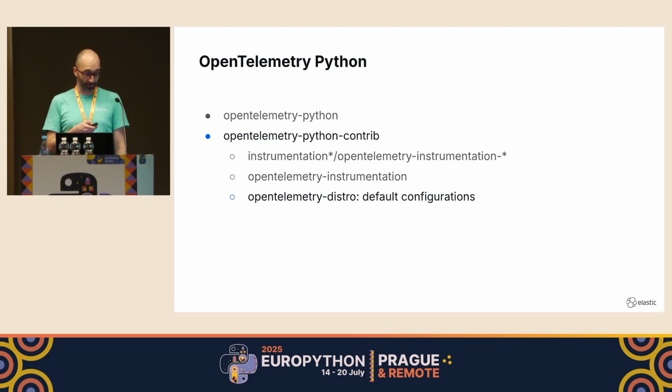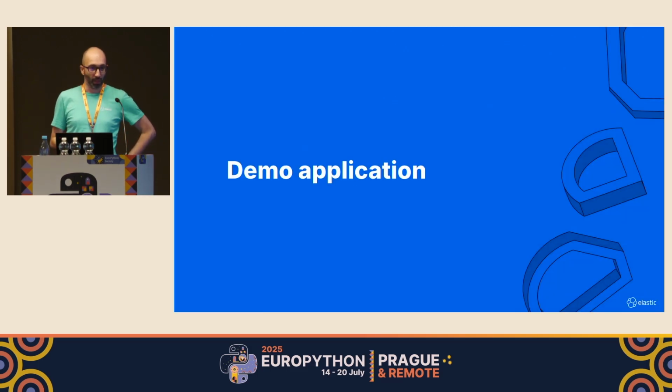Please note that the OpenTelemetry Python packages depend a lot on environment variables for configuration, and so the OpenTelemetry distro package is just a bunch of lines setting environment variables. Okay, this was the whole introduction.